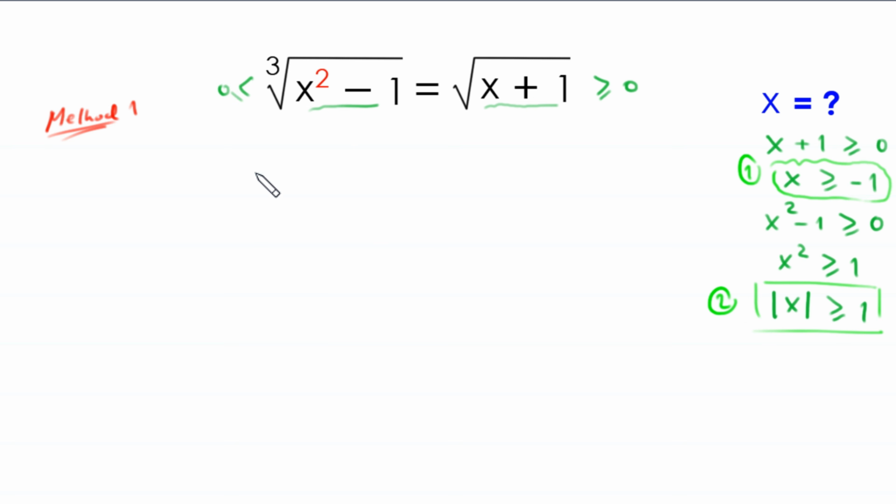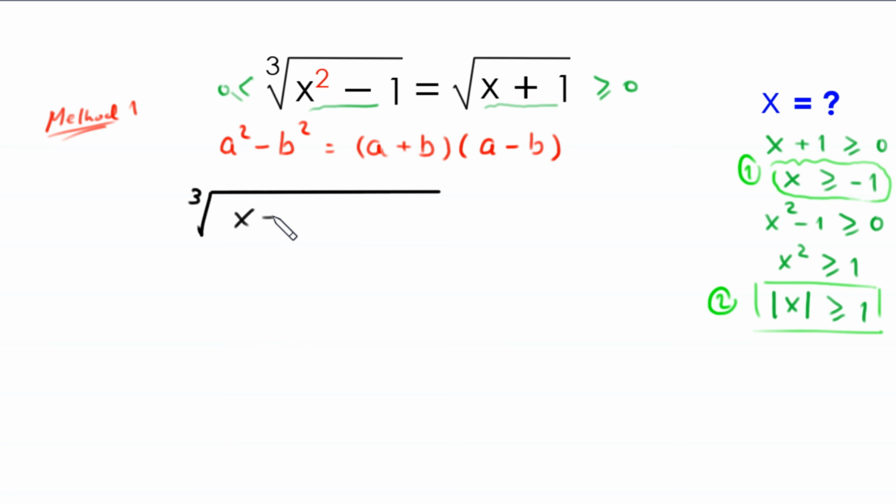Now by using this algebraic identity, a squared minus b squared is equal to a plus b times a minus b, the expression at the left hand side will become the cube root of x plus 1 times x minus 1 equal to square root of x plus 1.